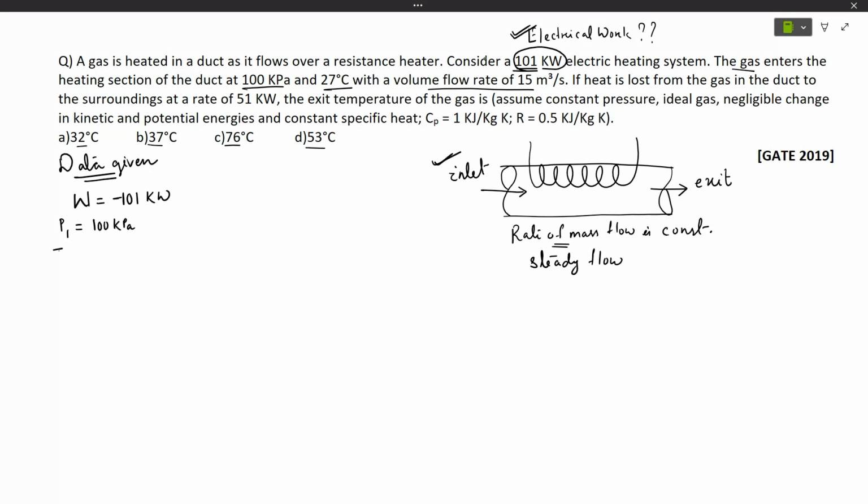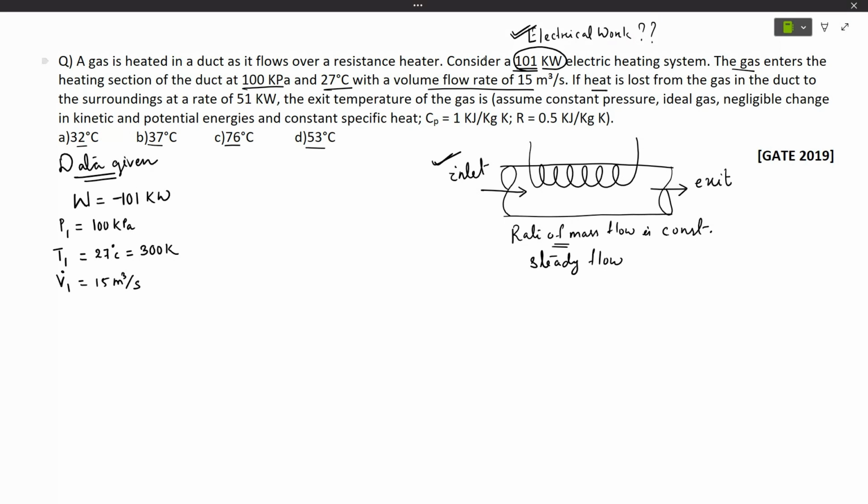Temperature at the inlet section is T1, equal to 27 degrees Celsius. Let's convert this into Kelvin, that is equal to 300 Kelvin. Next we consider the volume flow rate at the inlet section, V1 dot, equal to 15 meter cube per second.